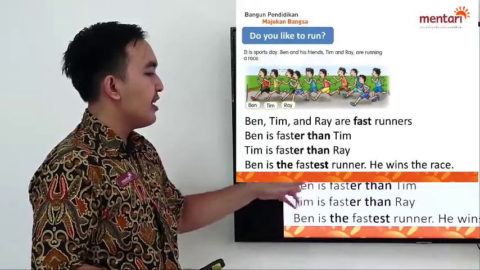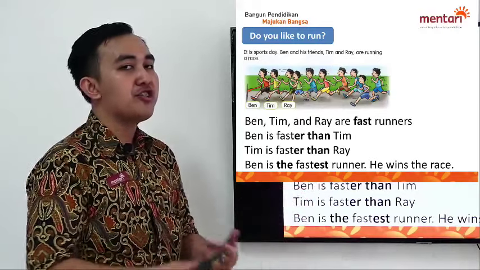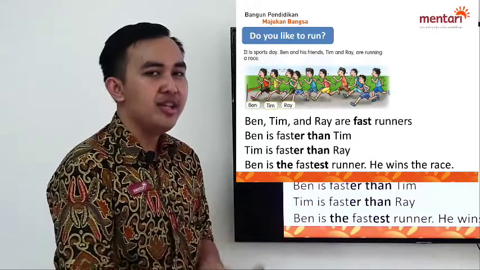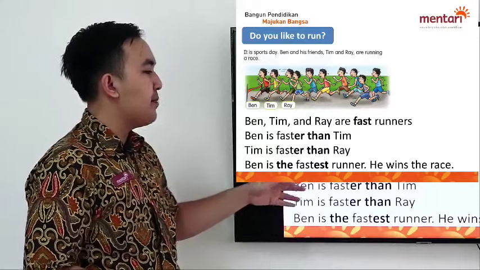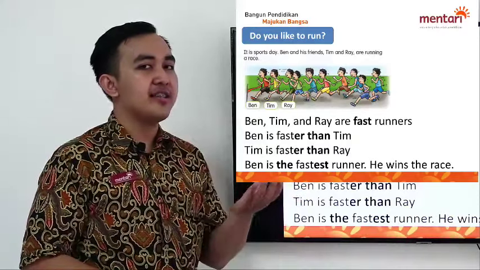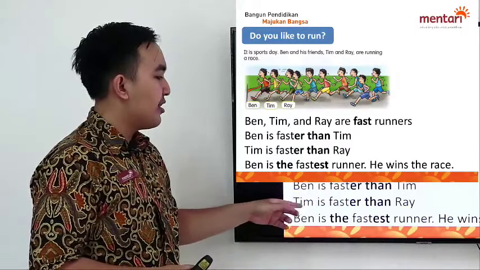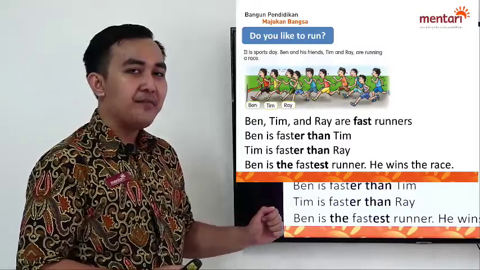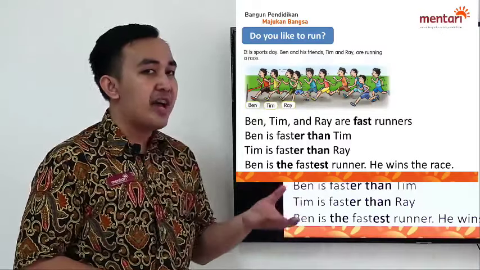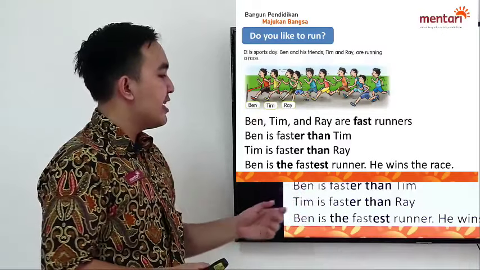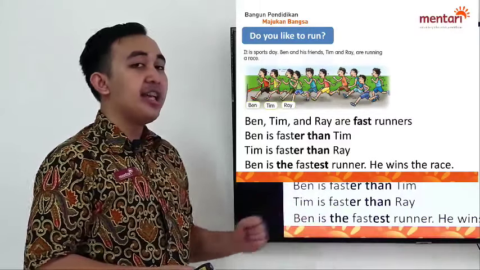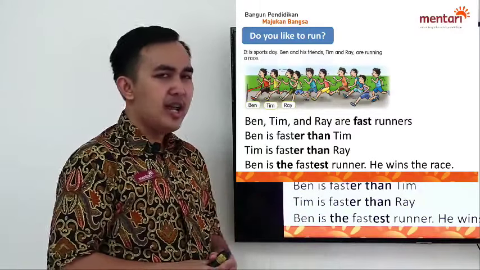And then the second one, we are trying to make it more detailed by saying Ben is faster than Tim. The third sentence, it's still the same. Tim is faster than Ray. The last one, Ben is the fastest runner.